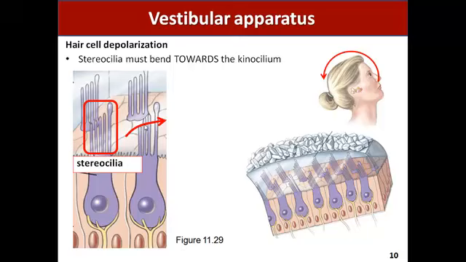When the stereocilia bend in this direction of the kinocilium, that will generate a depolarization. And that depolarization of this axon will then transmit to its associated cell body in Scarpa's ganglion that will eventually terminate in the brainstem.